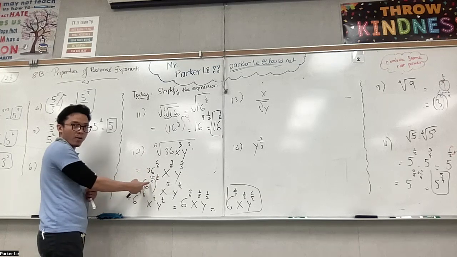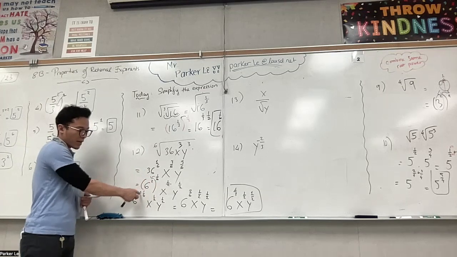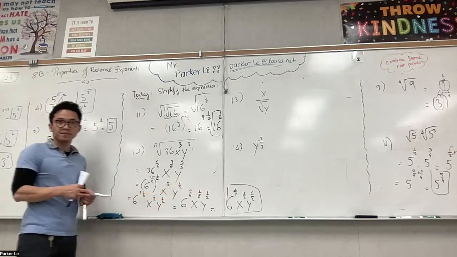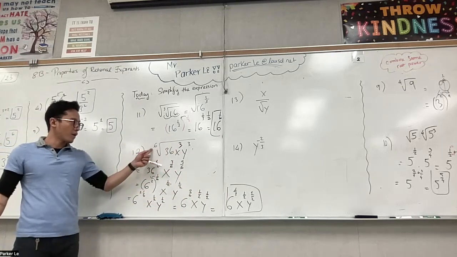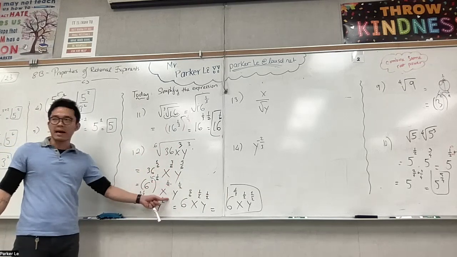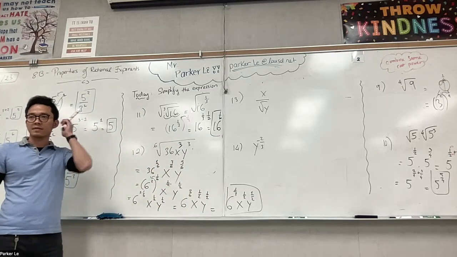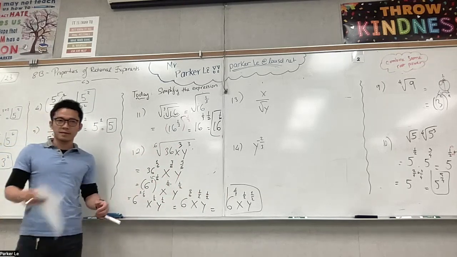And then I have a power of a power, so I multiply them. 1/6 multiplied by 2, I have 2/6. 2/6 is 1/3. And x and y have 3/6, and 3/6 is 1/2. So yeah. Let me know if it needs to slow down. Did you get number 12? Yeah?